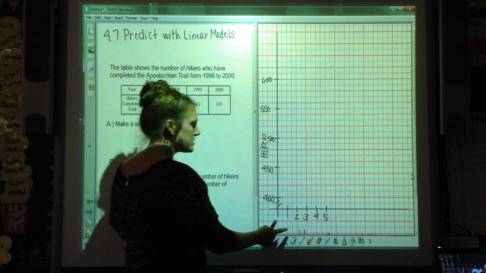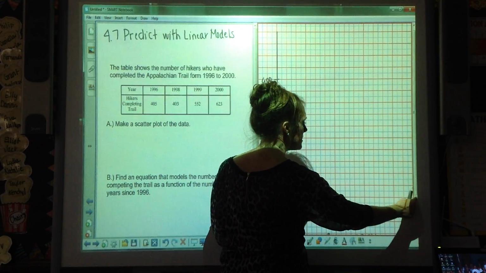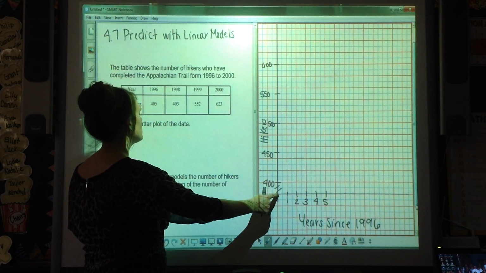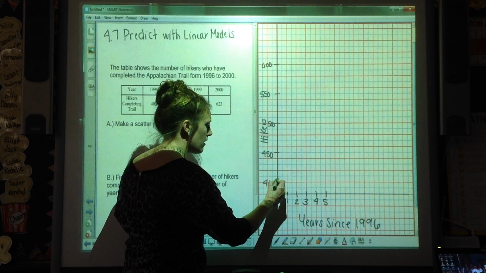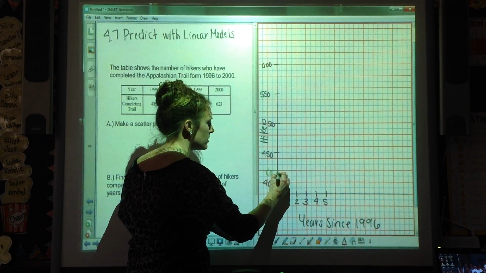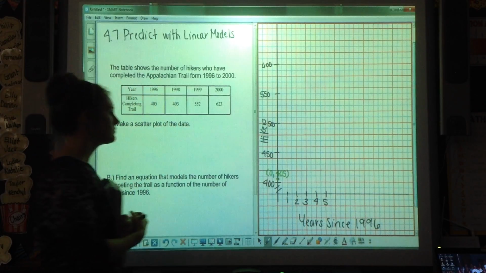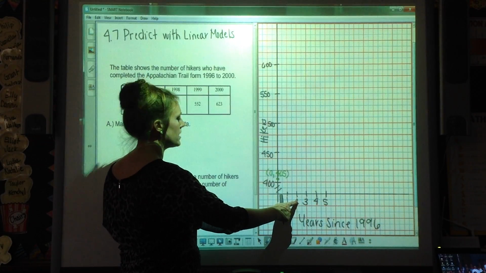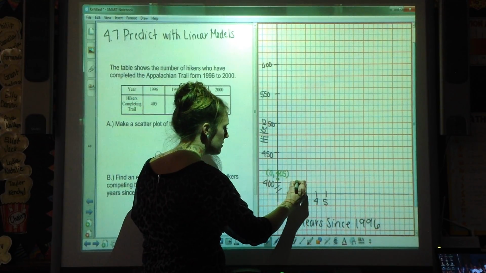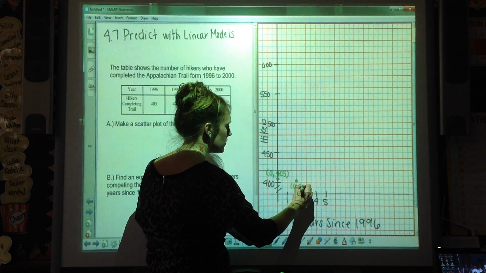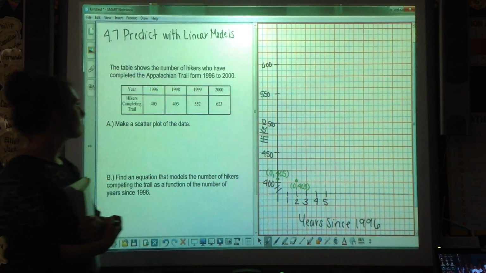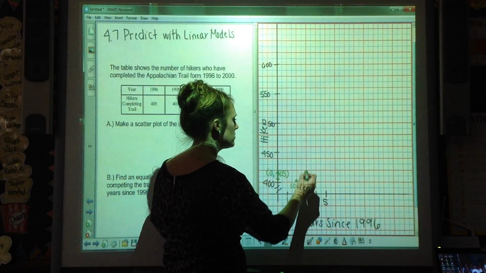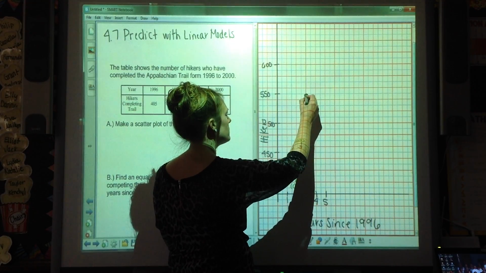Now again, my x-axis is years since 1996. 1996 is our first year at 0, so 0, 405 is on the y-axis. 1998, that's 2 years since 1996, is 403 hikers. 1999, that's 3, 552.